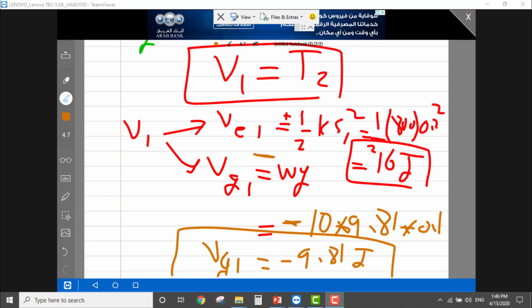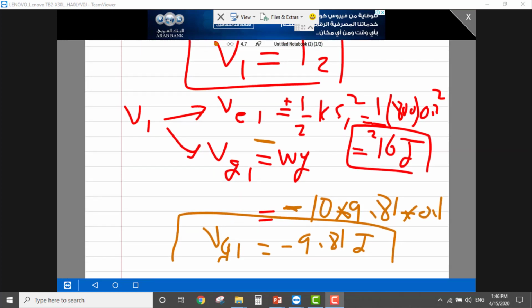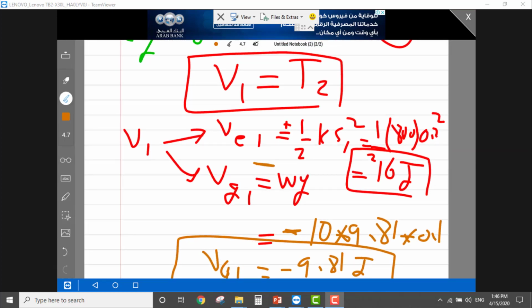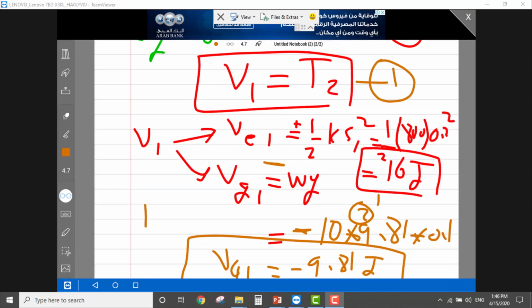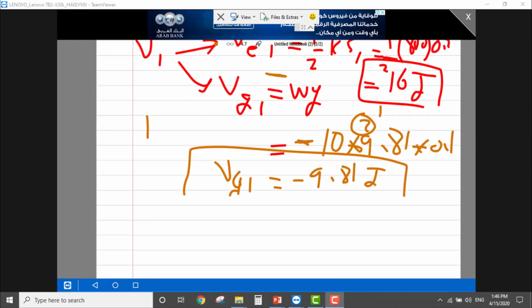Okay. Let me name this equation as 1, this equation as 2, this equation as 3. Or do you know what? Let me calculate V1, which is the summation of V elastic 1 and V gravitational.